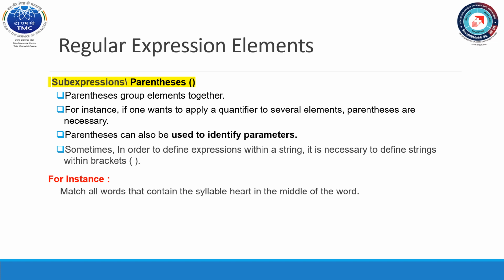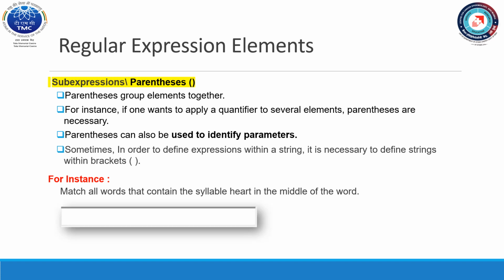For example, to match all words that contain the syllable "heart" in the middle of the word, the regular expression is \w*(heart)\w*, which matches all words that have the letters H, E, A, R, T in the middle of the word.